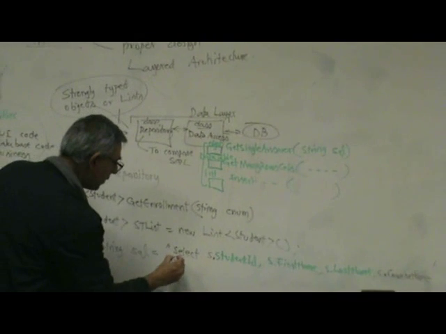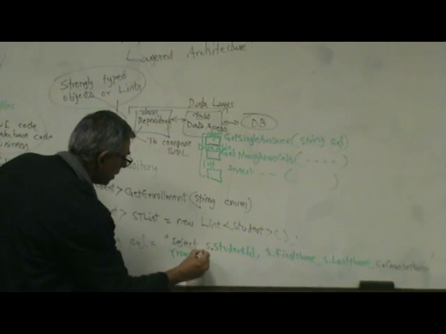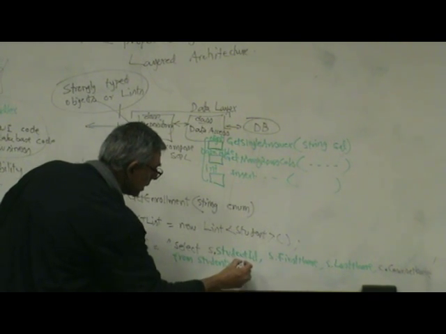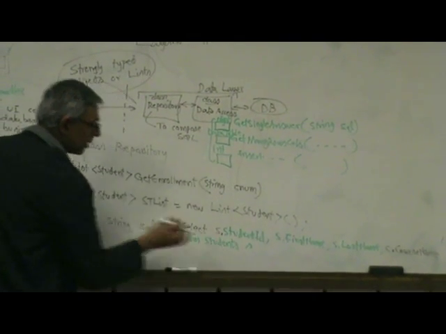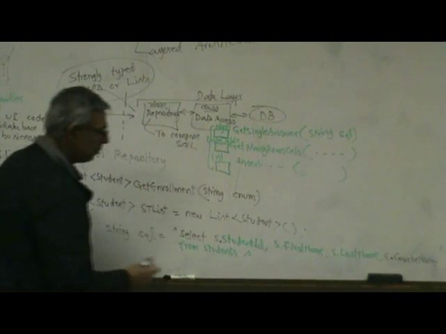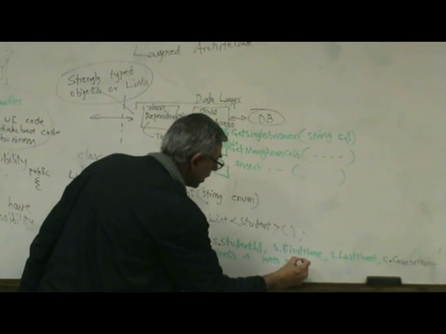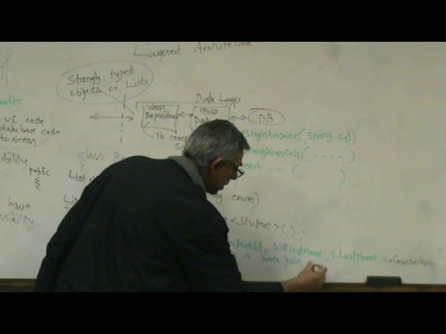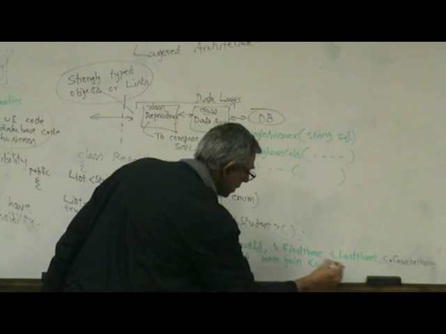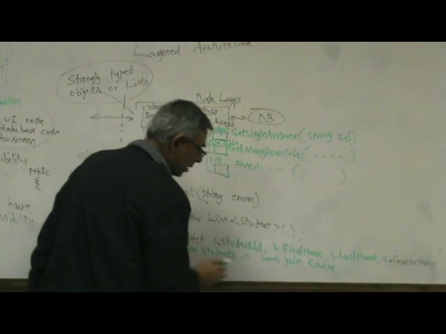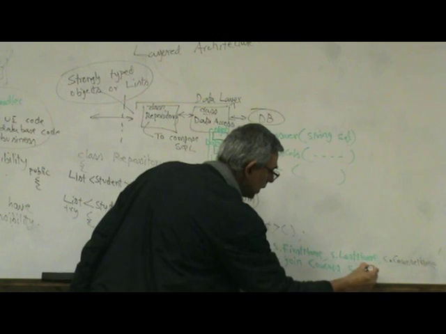So you will do from students S. This is the time you assign the alias to the table, and then join one table at a time. So you will do inner join courses C on.